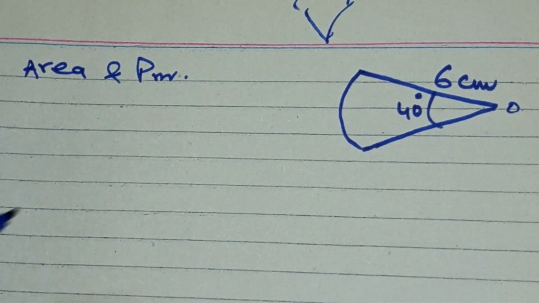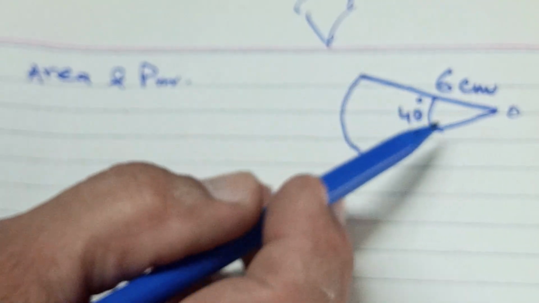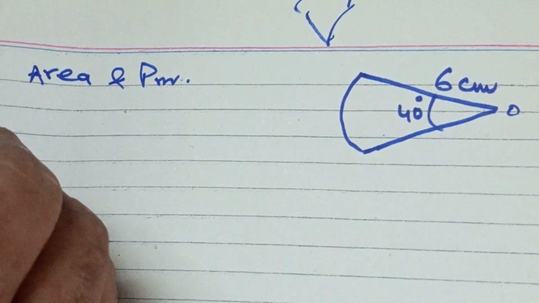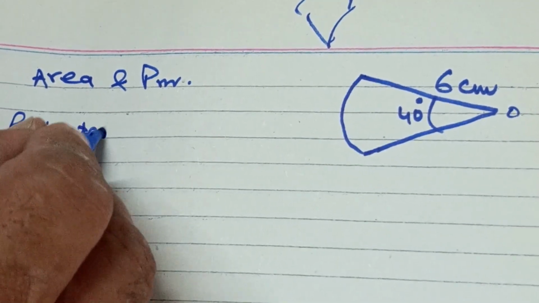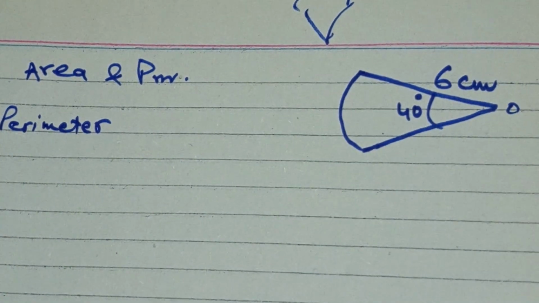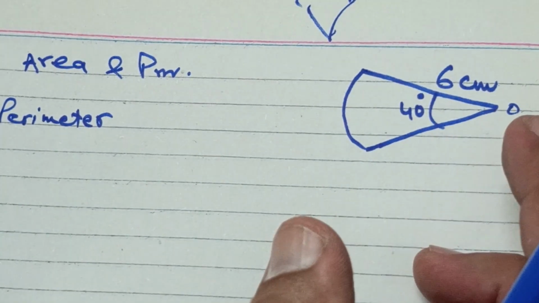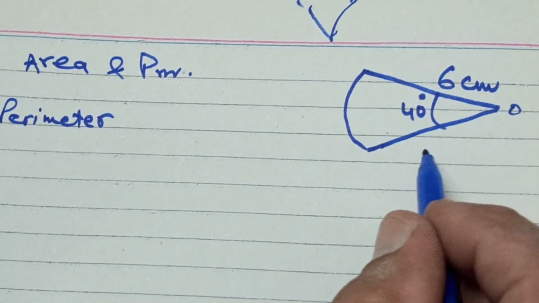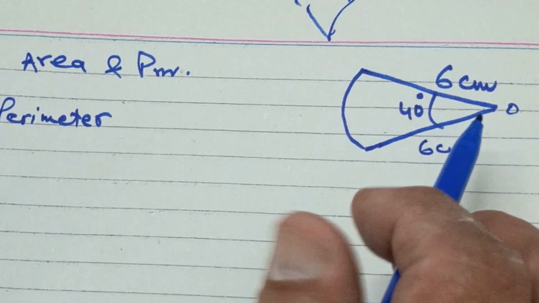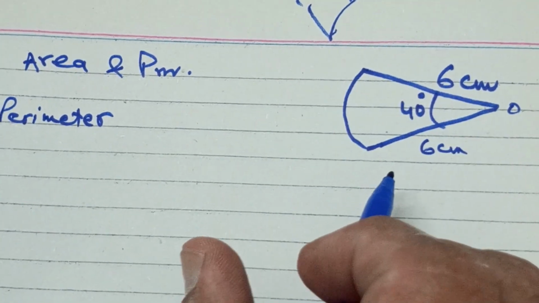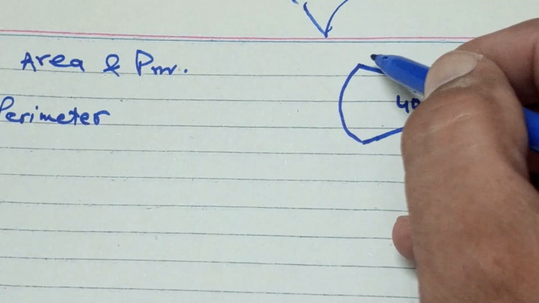So my dear student, you see that there is 6 centimeter over here, and 6 centimeter over here. First we will find the perimeter. Now 6 centimeter is obvious, no doubt about this. 6 centimeter is also here, though it is not given, but it is obvious because both are radii of a circle which is hidden to us.